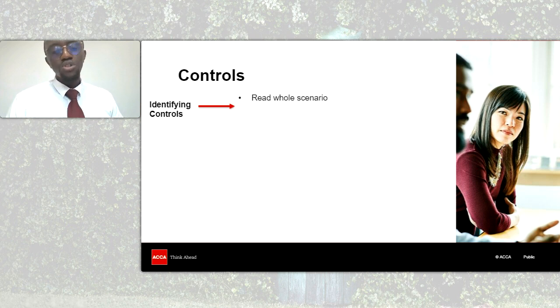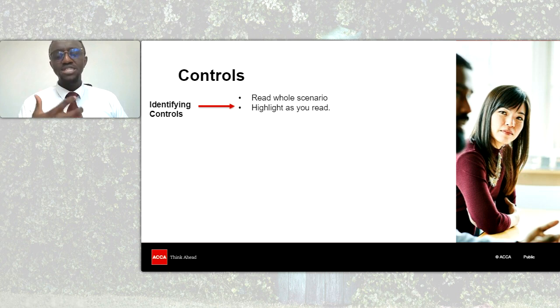So read the whole scenario first. Don't get tired. We want to engage you. We want to engage your mind. Engage with the content and try and see whether you can find the controls. I like to look at controls in this way. When I'm reading through the whole scenario, if I pick a control, I'll ask myself, how does this thing prevent or detect and correct any fraud, risk, and error? If I can't get an answer, that's not a control, right?